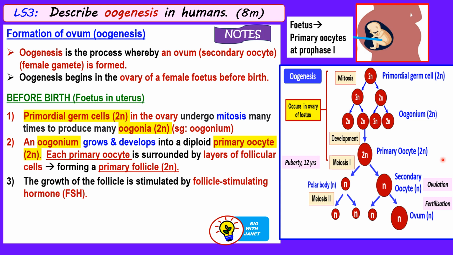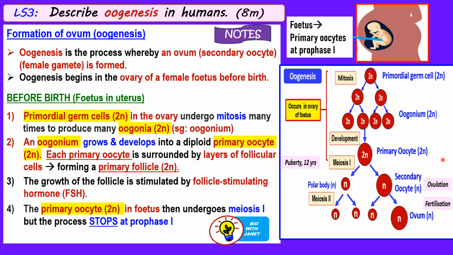When the fetus is a few months older, the fetus will start secreting the follicle stimulating hormone, okay, to stimulate the growth of the follicle. Now, the primary oocyte in the fetus then undergoes meiosis 1, but the process stops at prophase 1 during fetal development.